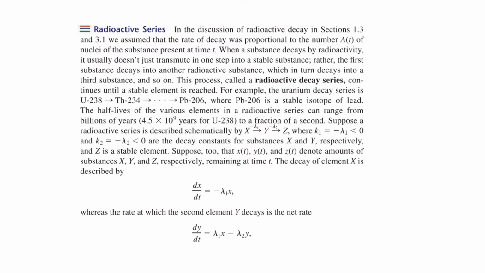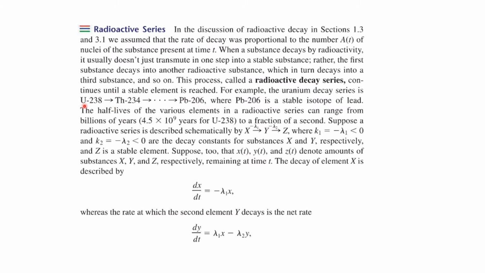Let's lead off and talk about some examples of this. When a substance decays by radioactivity, it doesn't just change in one step into a stable substance, but rather the first substance decays into another radioactive substance, which in turn decays into a third, and so on. This is called a radioactive decay series, and it continues until a stable element is reached.